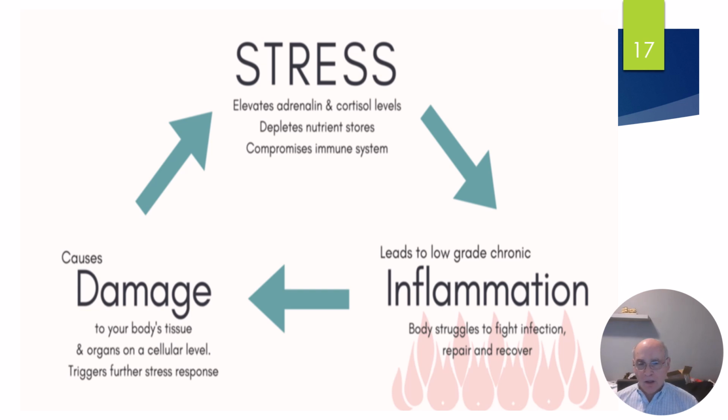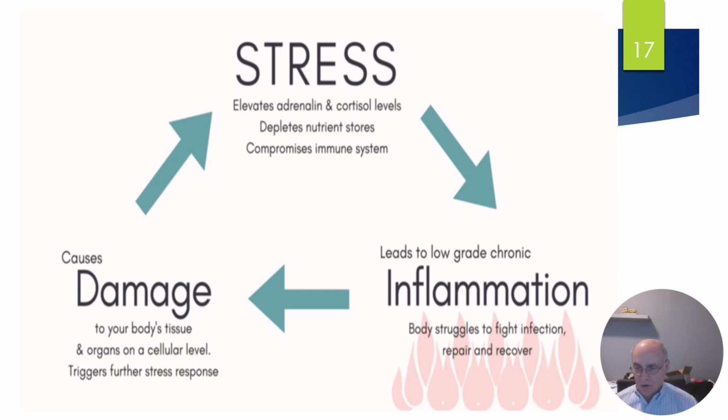So we can see here that stress elevates adrenaline and cortisol levels. It depletes nutrient stores, especially water-soluble vitamins. It compromises the immune system. We said that stress drives inflammation, and it leads to low-grade chronic inflammation.